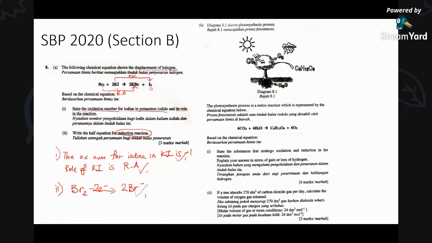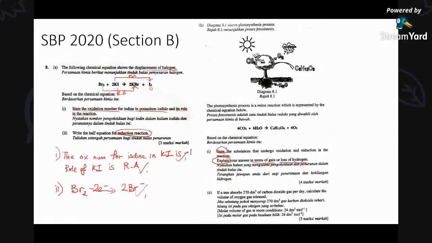Okay, the next one, photosynthesis process. Based on the chemical equation, state the substance that undergoes oxidation and reduction. So you have to state first. Then after that, you have to explain your answer in terms of gain of or loss of hydrogen. So just now I told you there are 4 definitions of oxidation and reduction.